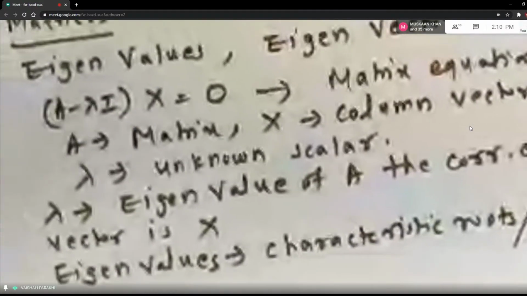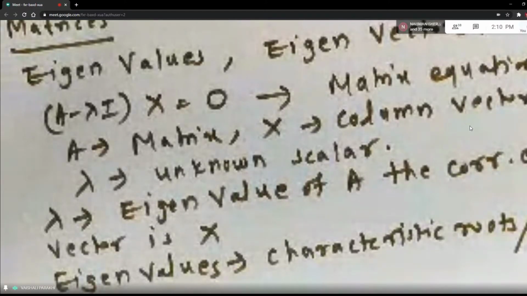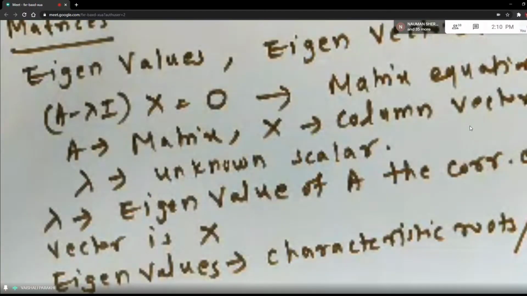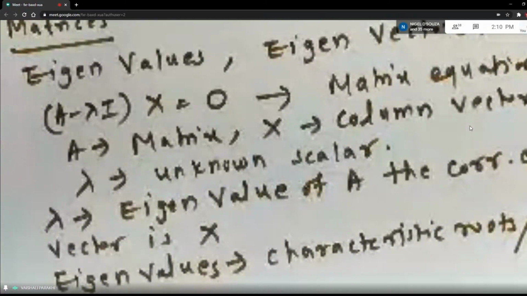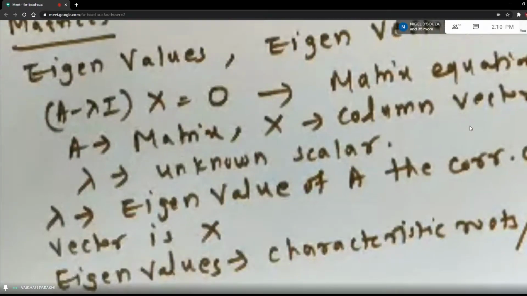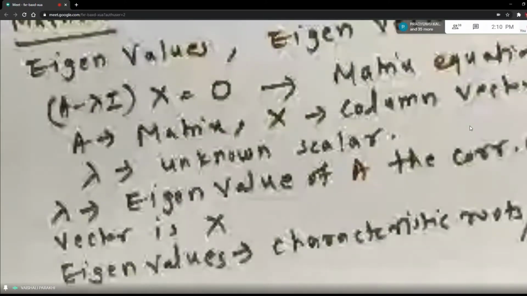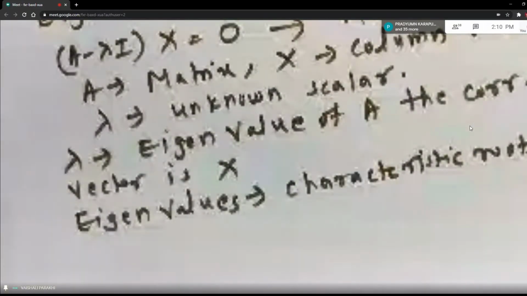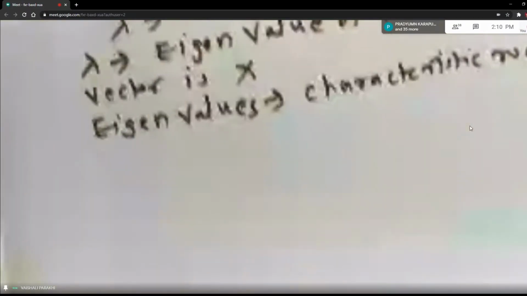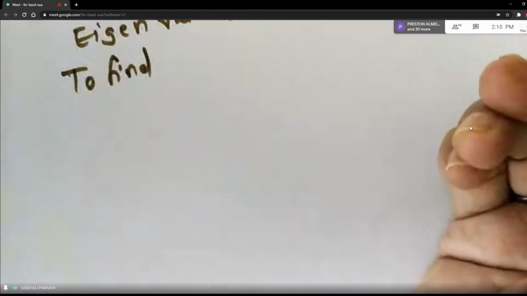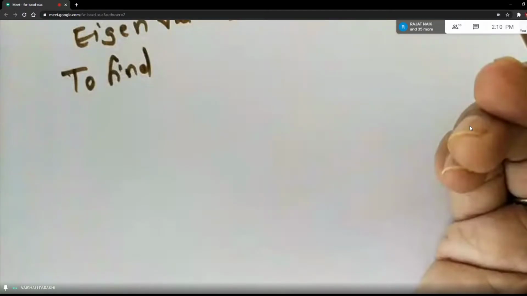Now I want to tell you the procedure to find the eigenvalues. So I'll write down the working rule here to find the eigenvalues. It is not at all difficult, students. First I will discuss how to find eigenvalues, and then I will tell you how to find the eigenvectors.